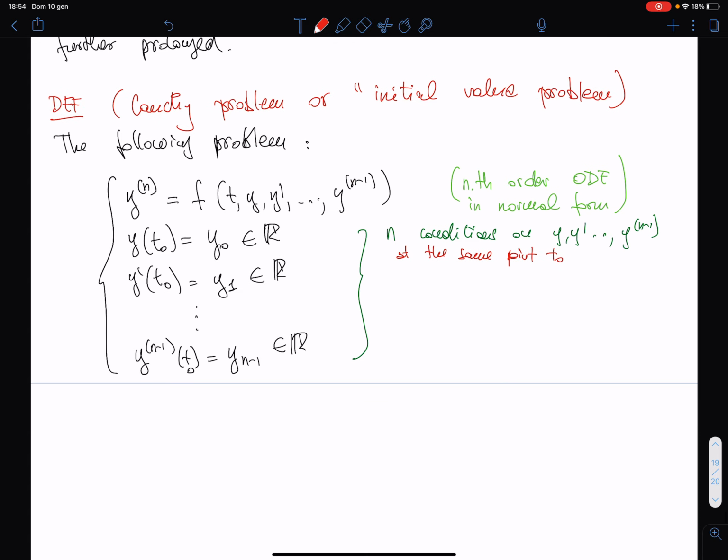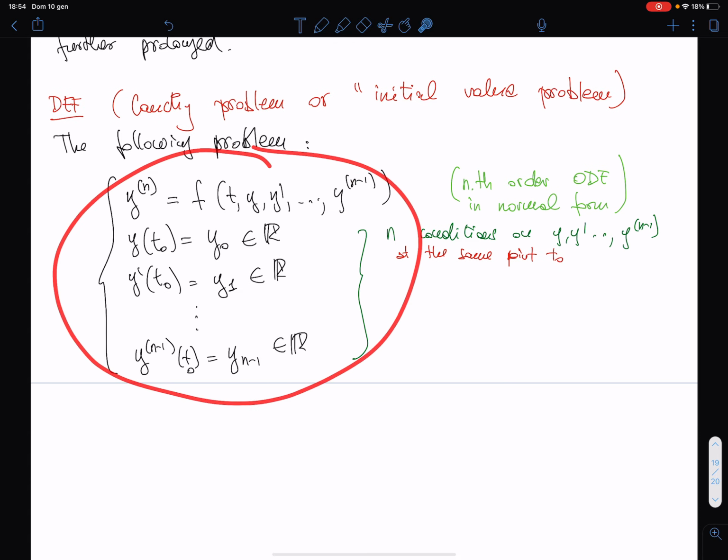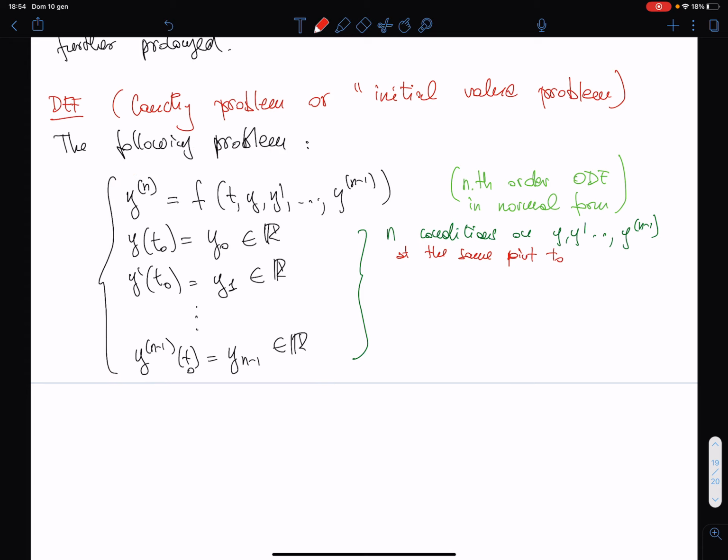So a problem formulated like that is called a Cauchy problem, or an initial value problem.